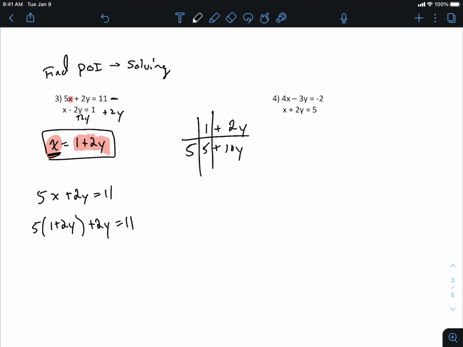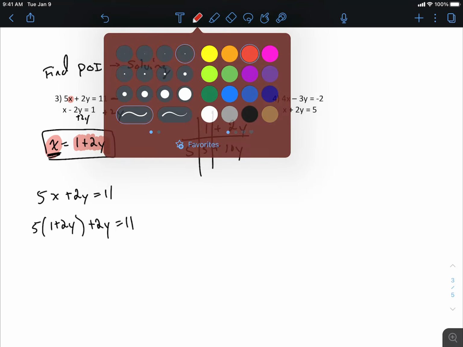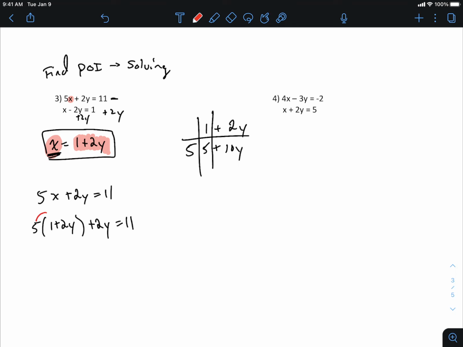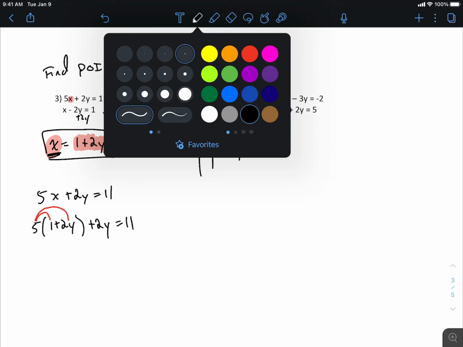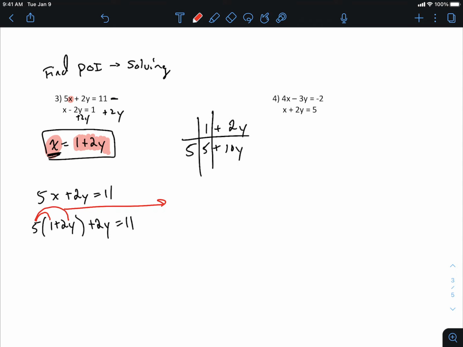Another way to look at that, if you want to speed it up without actually doing the table, is 5 times 1, 5 times 2y. This is called distribution. You're distributing the 5 into both things that are inside that bracket. Both will give you 5 plus 10y.